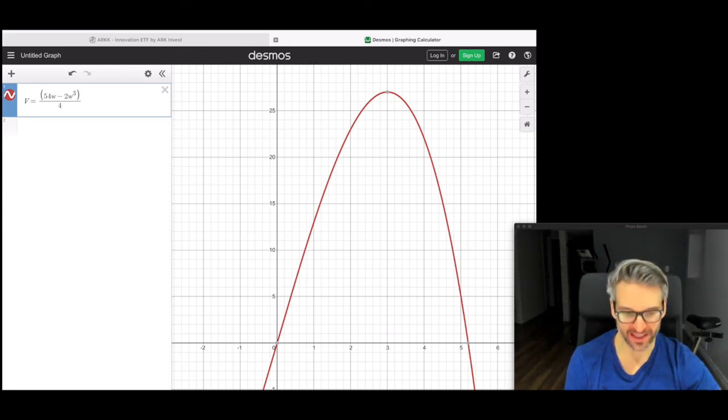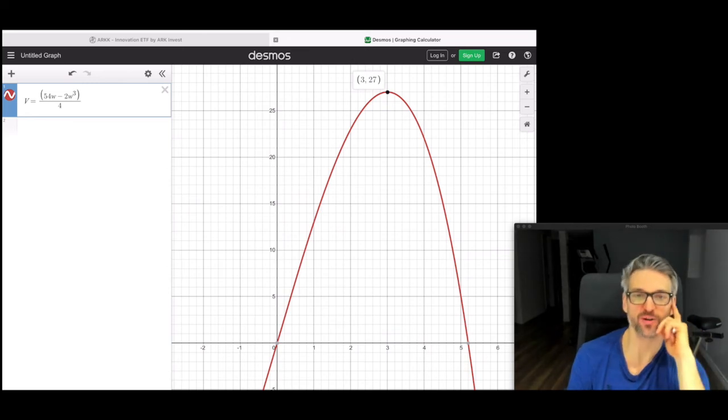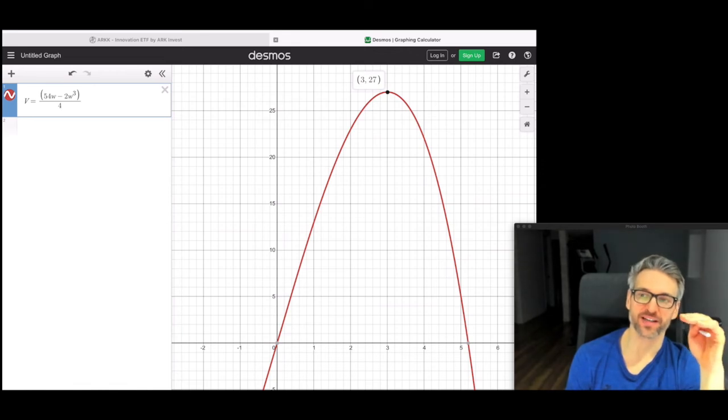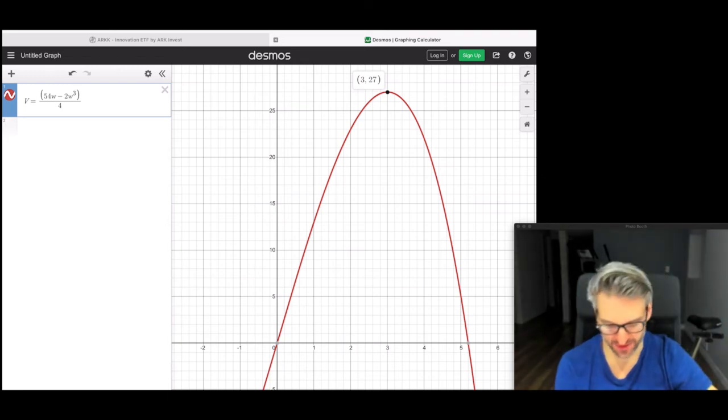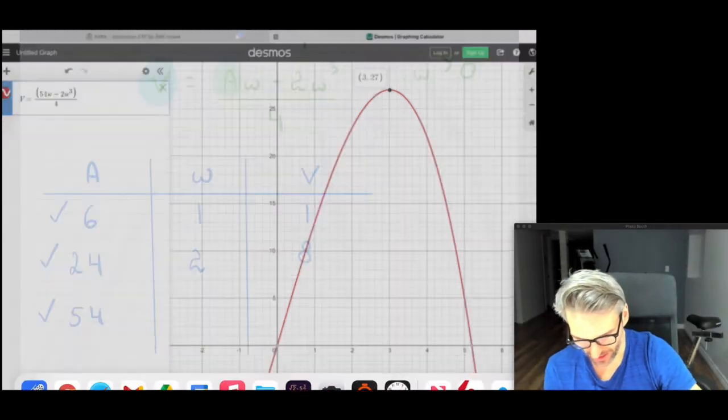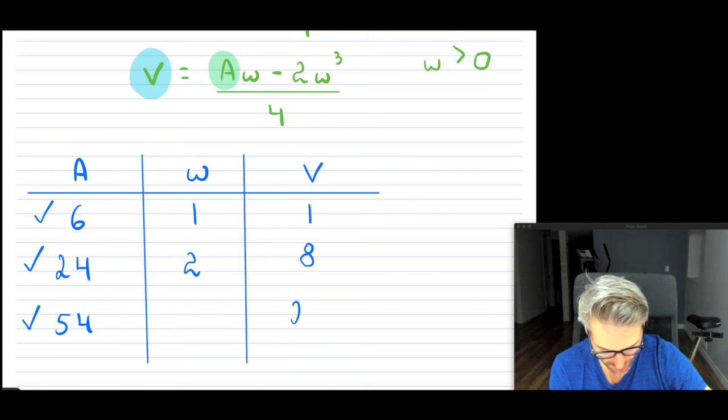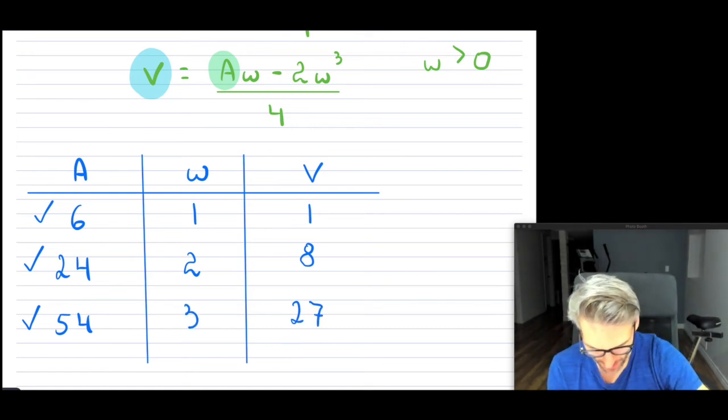Our peak there, I just kind of plotted it up there. Notice that the peak is at 27, meaning volume is 27. And that happens when our W is at 3. That is our peak maximum. So here, if I put this in here, this is 27 and this is 3.